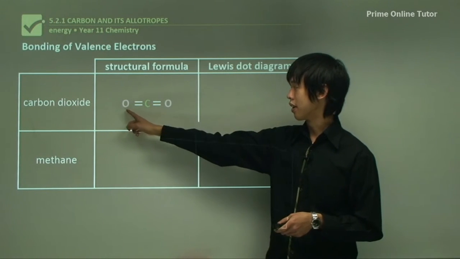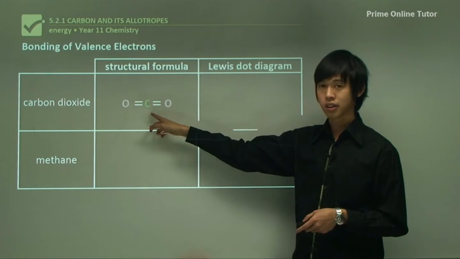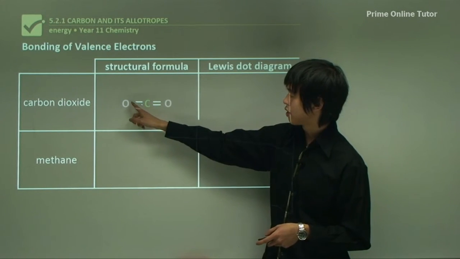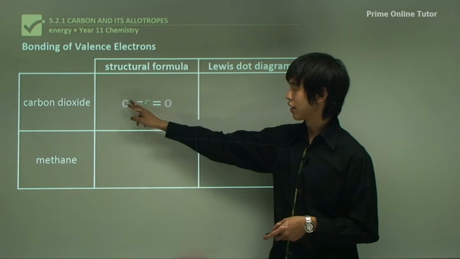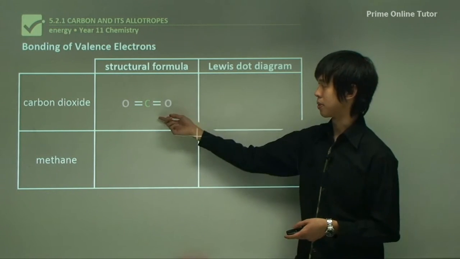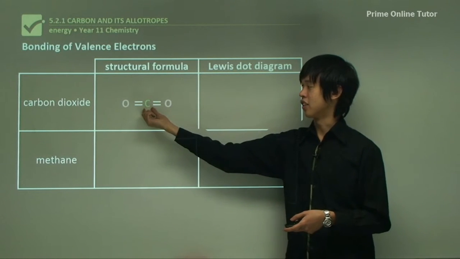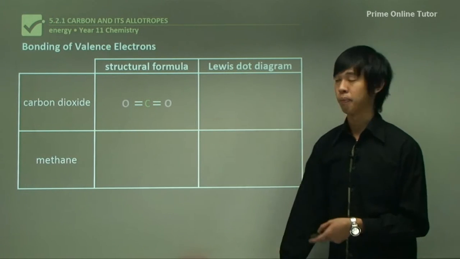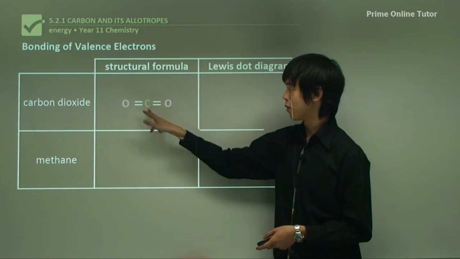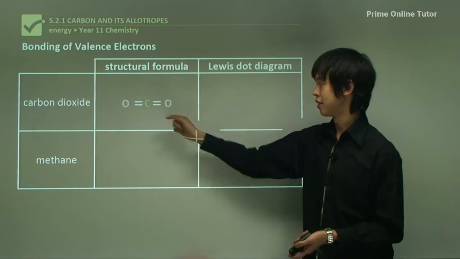We've got O double bonded to carbon and then double bonded to another oxygen. So you can see here that it's sharing 2 electrons, and on this side it's sharing 2 as well. That's why we have a double bond. So each atom is sharing 2 electrons with its neighboring atom. So if you count, there's 4 here, 4 here, so the total is 8.